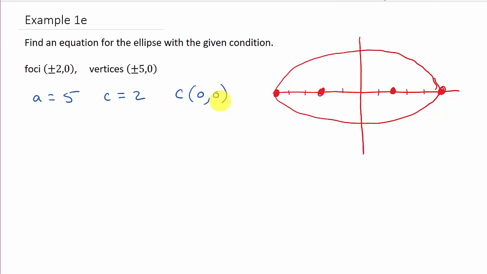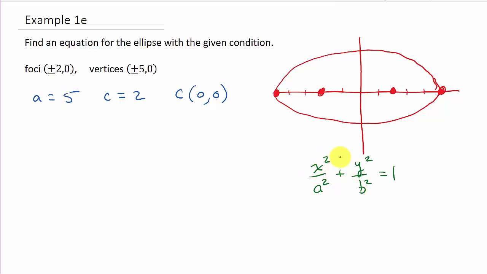So really we've got everything we need. We know this is going to be in the form x squared over a squared plus y squared over b squared equals 1. Now, remember, since this is the major axis, a is larger than b and it's going to be under the x term.